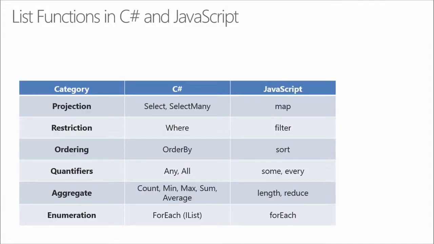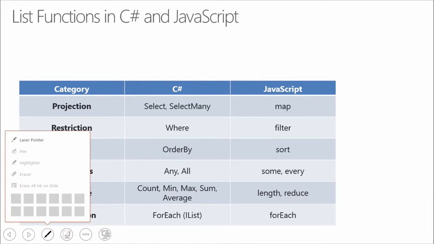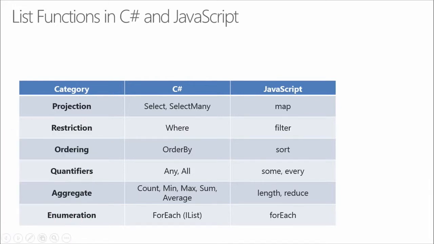Now, you are going to notice back on my slide that we have a whole series of breakdowns of all the different things that you could potentially do to a list, and how you're going to do that in C# and in JavaScript. And stop me if you've heard this before, but it's, of course, a bit different. A lot of the same concepts are there, and we still have the ability to perform similar operations in each.